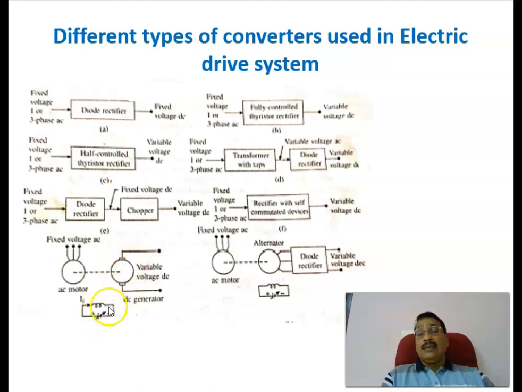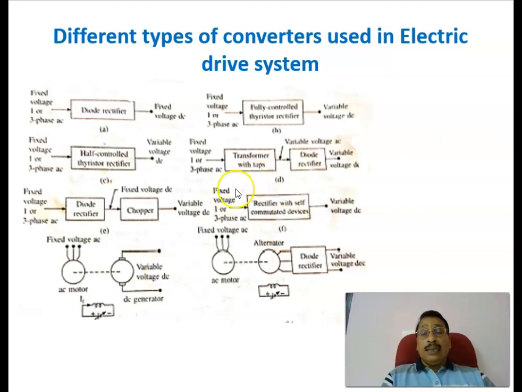By controlling the field current, you can control the induced voltage available at the output of the DC generator. So the input is AC, but the output is a variable DC. This is a mechanical method of generating DC voltage from AC.